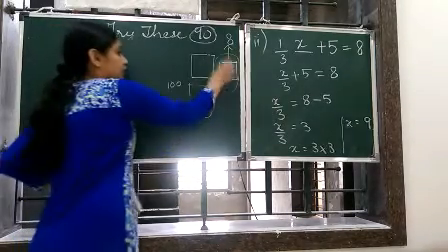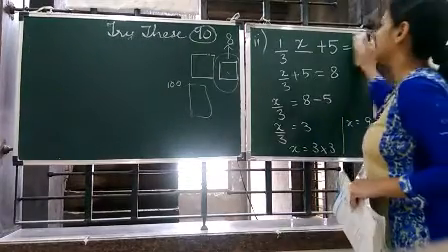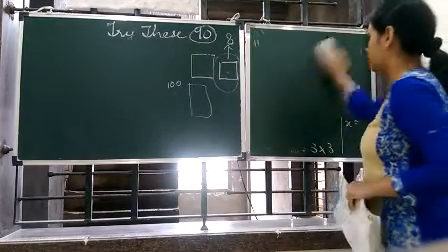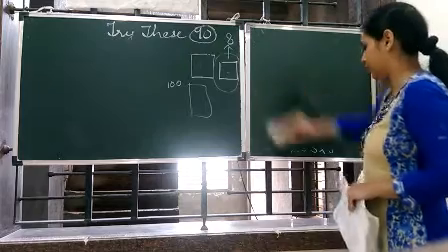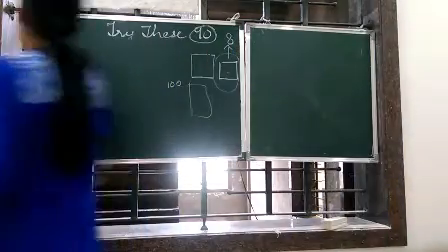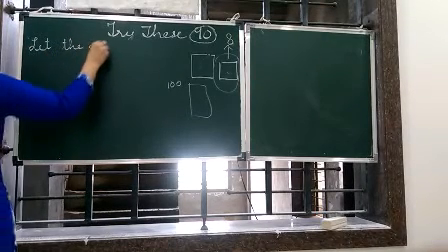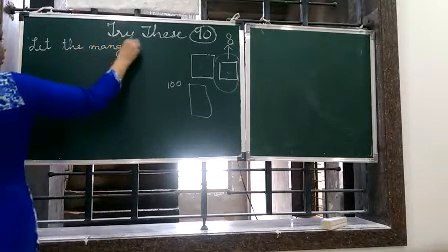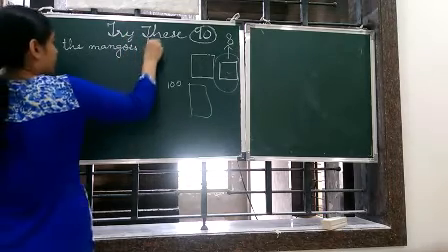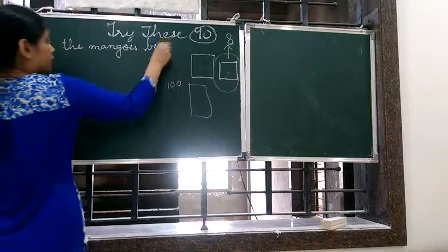So you have to find out how many mangoes there will be in it. So let's presume, let the mangoes be m. Why? Because mangoes start from m, so let them be m only. Or you can take x also, no problem. So we write, let the mangoes in a smaller box be m. Now smaller boxes are how many? Whatever is given, that we write.